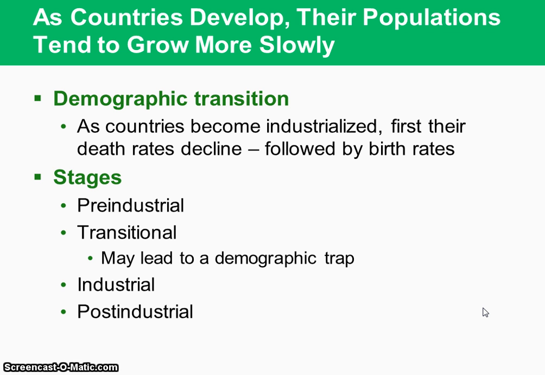Now we're going to look at the graph and see that as that happens, we've got a place where we can accidentally get ourselves into a trap, which is what we have seen in Africa and countries that have booming populations right now. We can think of Africa and some Latin American countries as prime examples of this. But generally, like it says at the top, as a country develops, populations tend to grow more slowly.